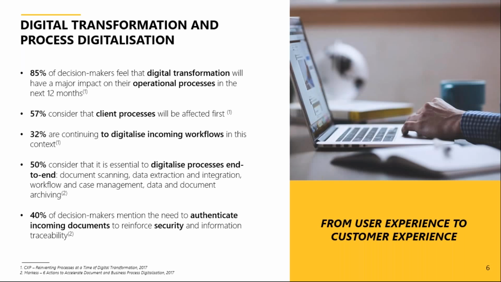If we look at the first stat that we've got up there, and this is more focused at decision makers, 85% of them, so this is organizations that are already on a digital path, feel that what they're doing will have a major impact in 12 months on operational capability.